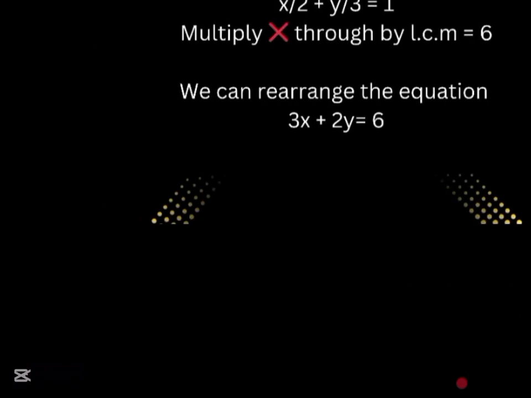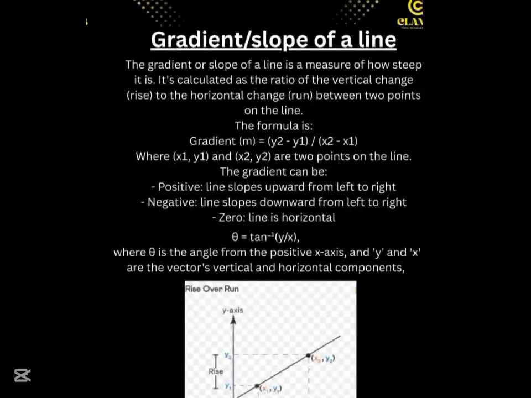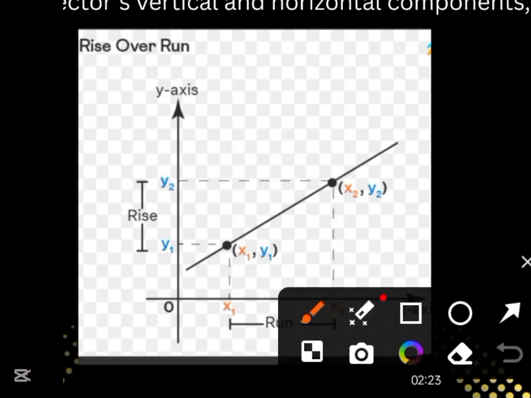Now let's move forward to the equation of a line with x and y intercept. Provided you have a graph, let's go back to our graphical work here. If you look at this line carefully, we only cut at the y-axis, but in some cases we have a line such that it cuts both the y-axis and the x-axis.